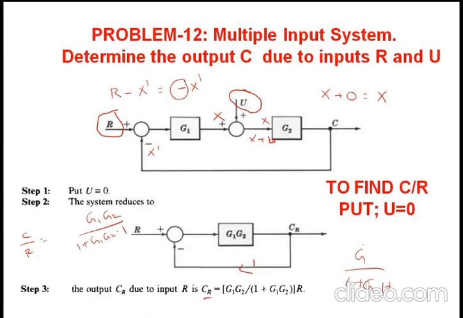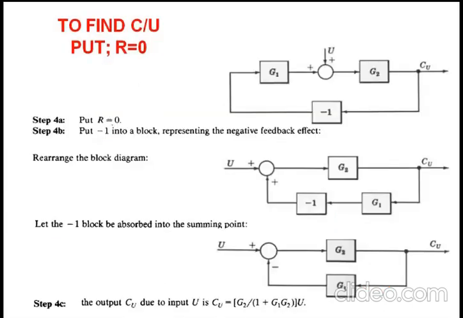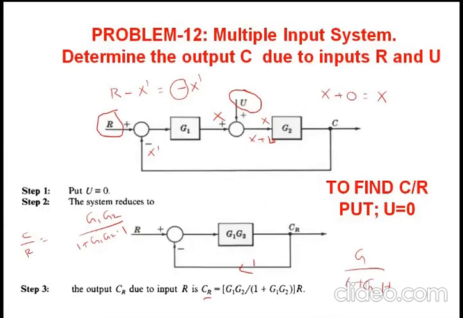Next, while solving C by U, when R is assumed 0, if you put R is equal to 0, then you need to consider this minus 1 into block, because here the value will not be changed. The signal value, when you put U is equal to 0, the value of X is the same, X plus 0 is equal to X. But here in this case, R minus X is equal to minus X. Hence you need to consider that minus value.